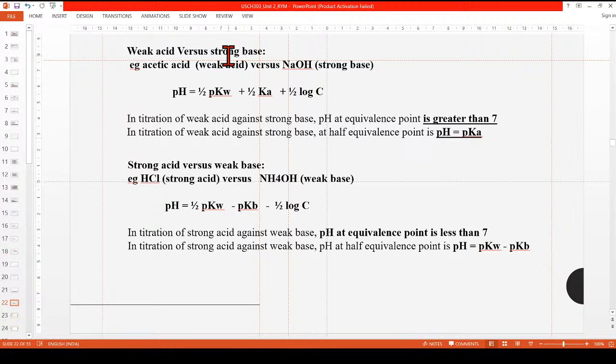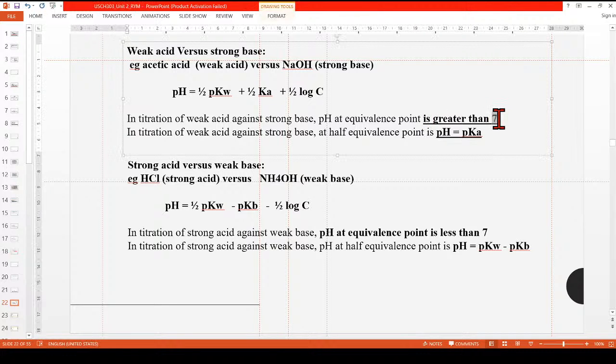For weak acid, strong base, the equation for pH at the equivalence point is pH = ½ pKw + ½ pKa + ½ log C. The pH value is greater than 7, so we can use indicators whose pK indicator is in the basic pH range.